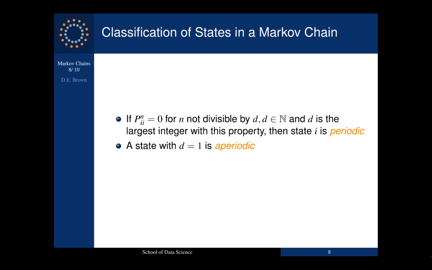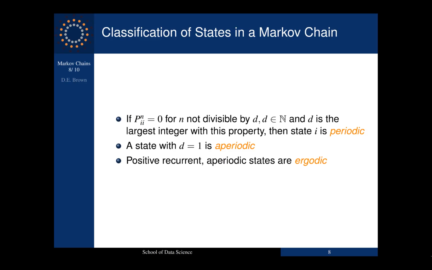So there are no real cycles: the largest integer for which we have a cycle is 1, which means effectively there's no cycle for us. Aperiodicity means that we've got no cycles in the Markov chain.